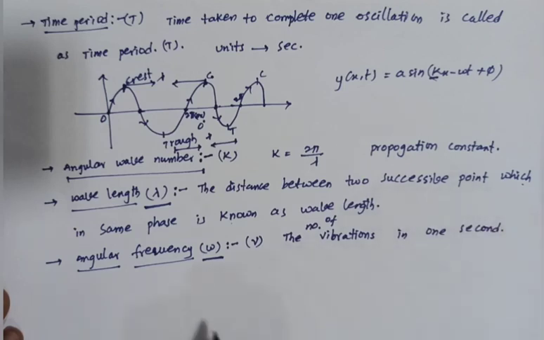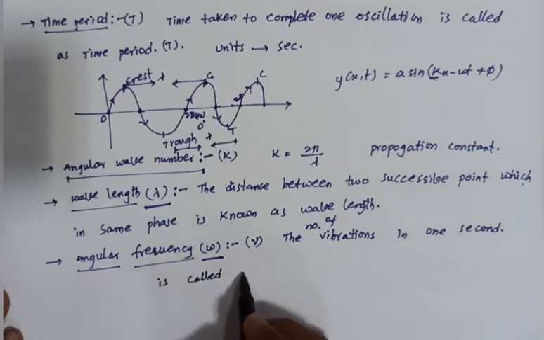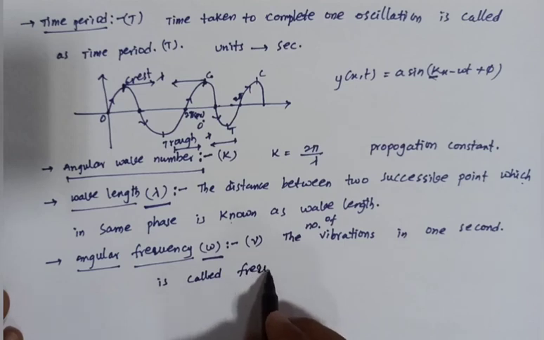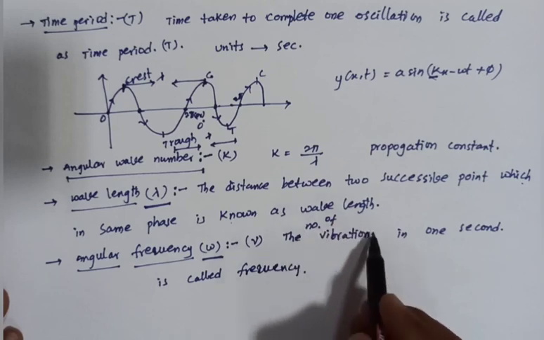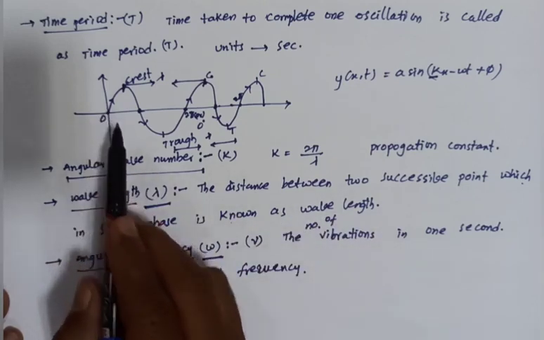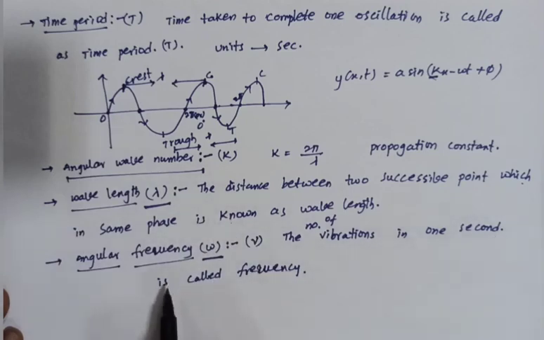The number of vibrations, the number of oscillations of a particle in 1 second is called the frequency.